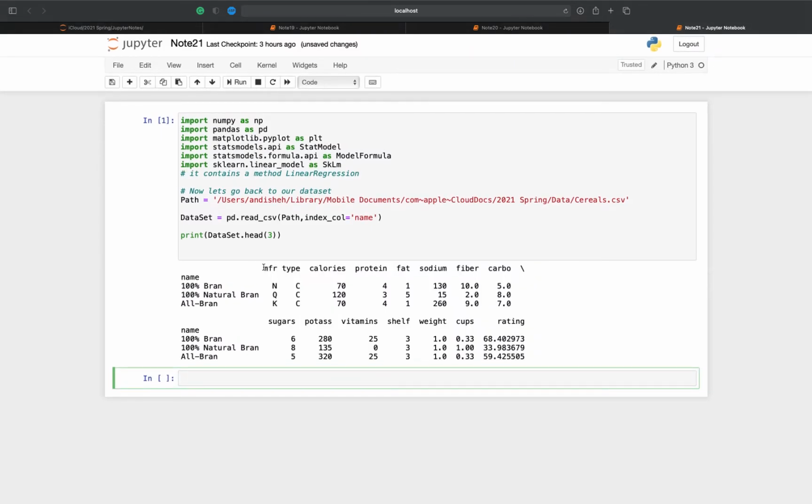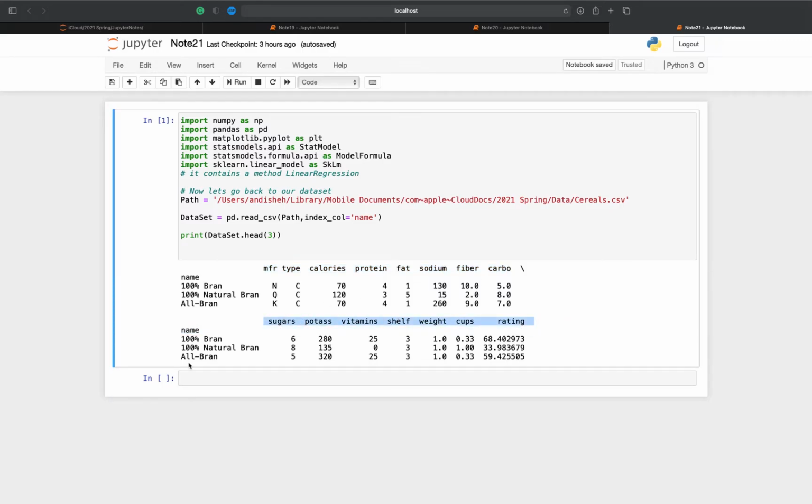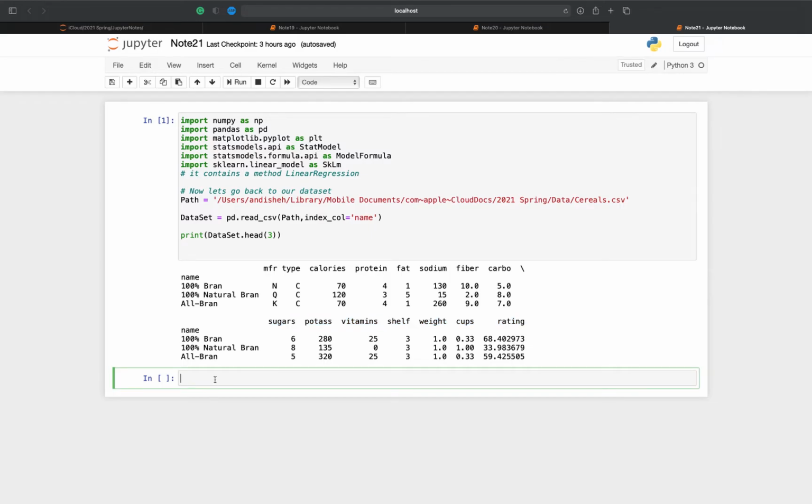And as a review, we can see we have some variables. Some of them are numerical, some of them are categorical, and in the first row we have an index column, which are the names of these cereals. Okay, so I want to use a package that we used before, Seaborn.